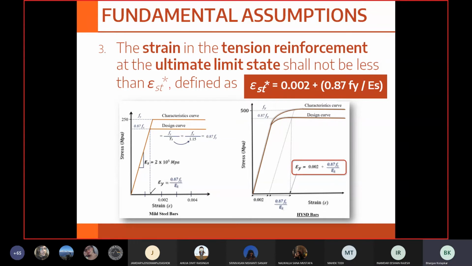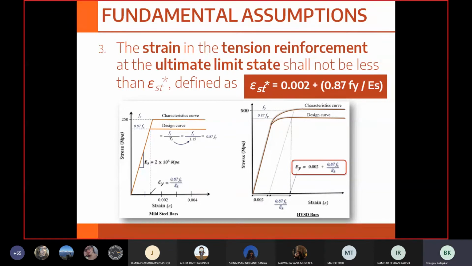What this assumption implies is that if we design it in such a way that the minimum failure strain is epsilon st, it will make sure that at failure our steel bars would have yielded, meaning that now they can undergo a lot of deformation before the member actually collapses.